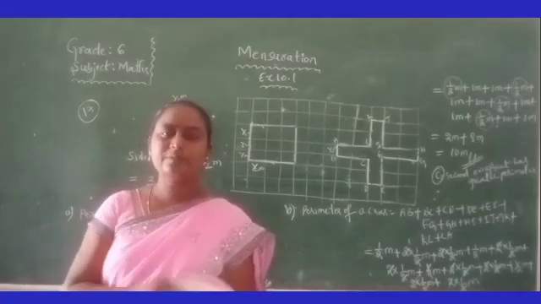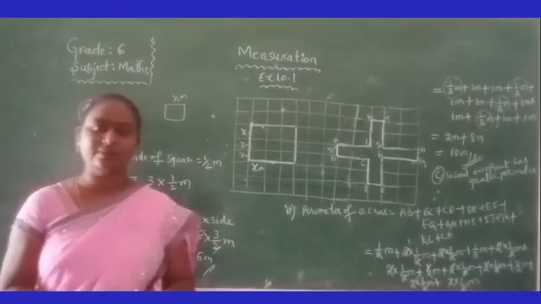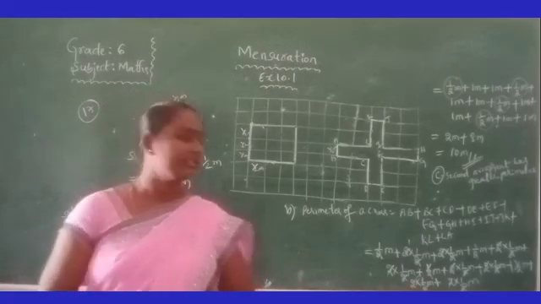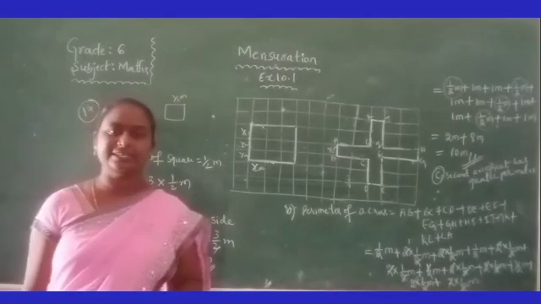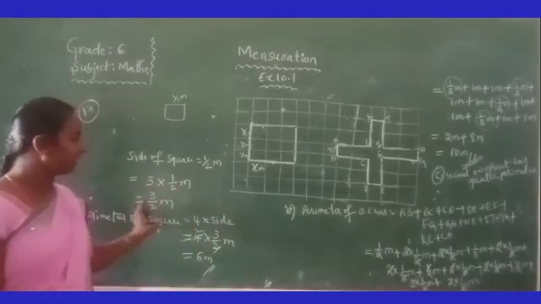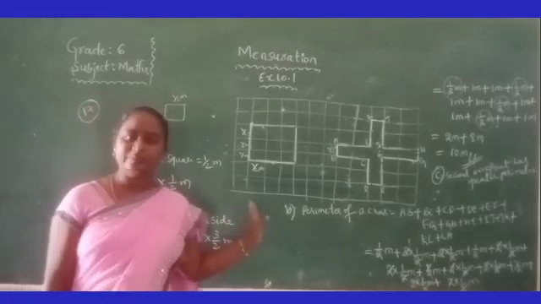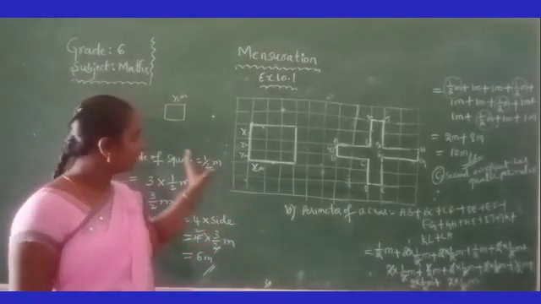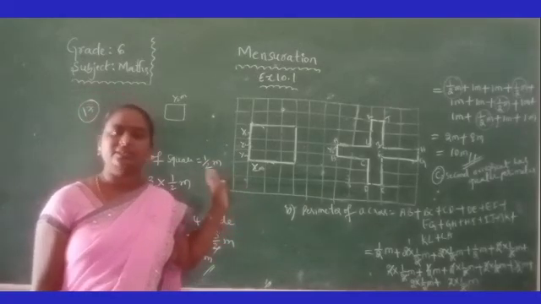Okay children, up to now we have completed exercise 10.1, all problems, 1 to 17. So today's homework is to practice all the problems in exercise 10.1. Solve all these problems neatly and post them in the Google form.